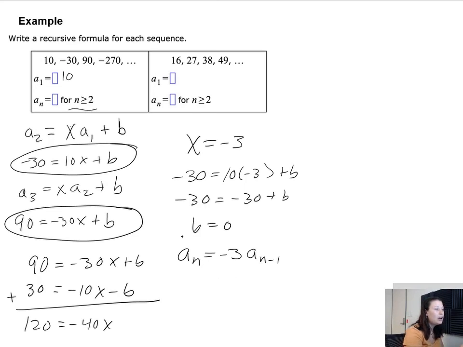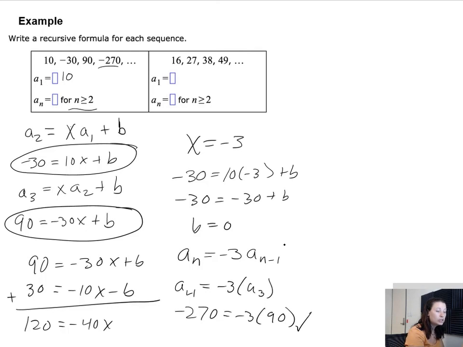Let's check it on A4. So A4 is equal to negative 3 times A3. So we're saying negative 270 is equal to negative 3 times 90. Well, 9 times 3 is 27, so that's negative 270. So it worked. Okay, so this is our formula for that first one.